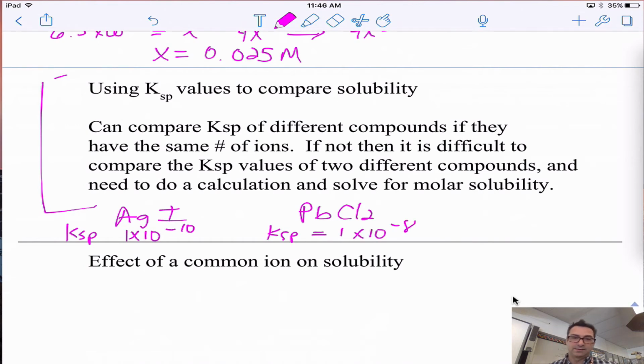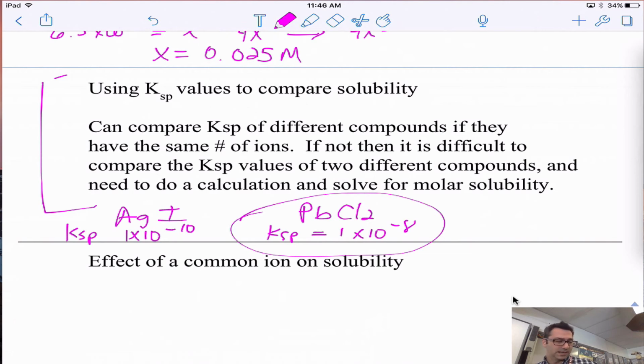And you want to compare these and say, well, this is more soluble, because it has a higher Ksp. That's actually wrong. You can't do that. And why can't you do that? That's something that you really need to think about. Why can't I just compare the solubilities for these by looking at the Ksp? Think about that one. Tomorrow we're going to discuss that in class.